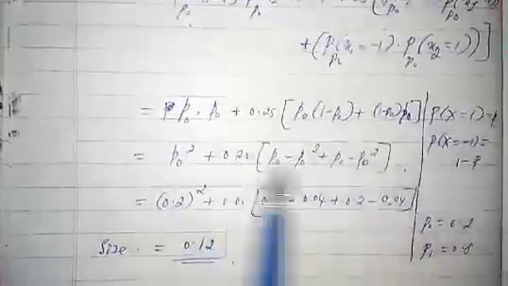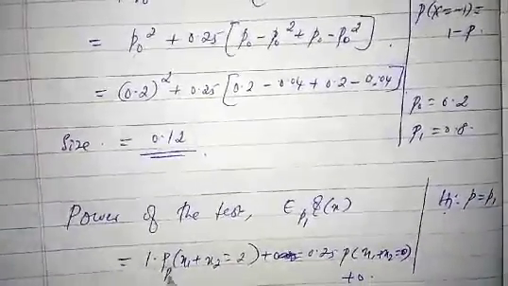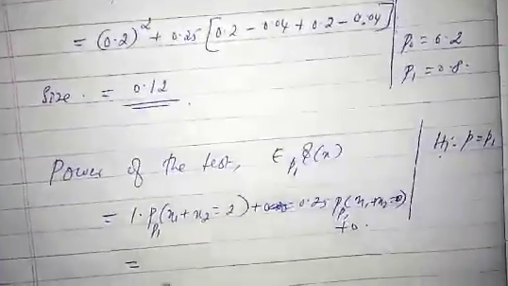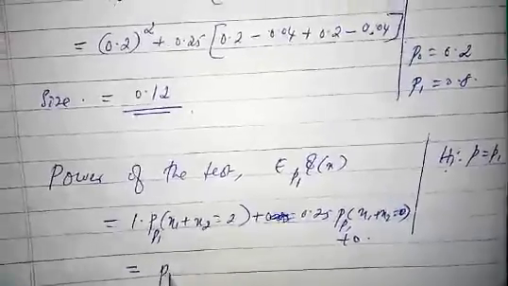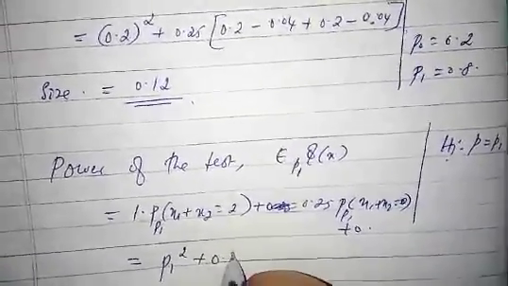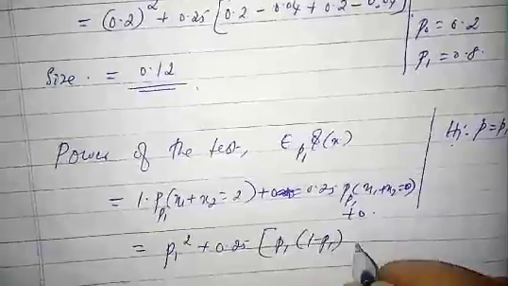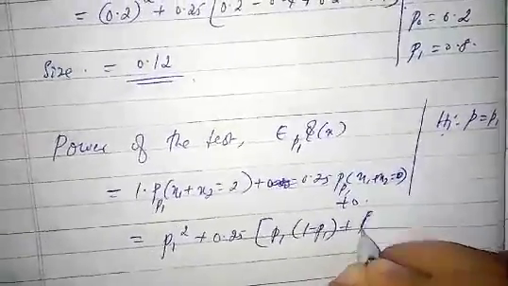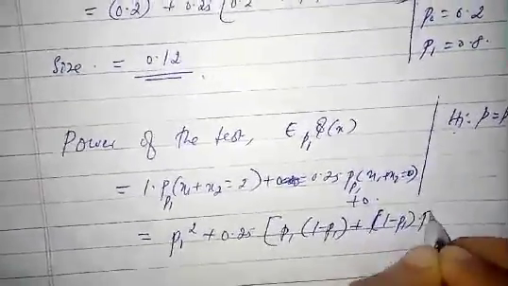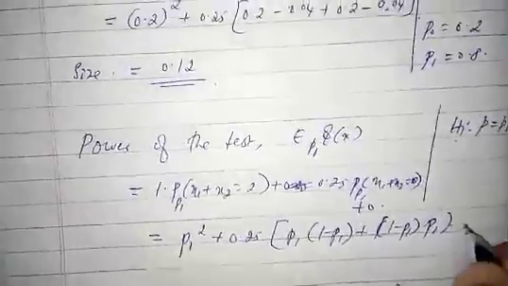Simplifying these terms, we can write under p1: p1 square plus 0.25 into (p1 times 1 minus p1, plus 1 minus p1 times p1).